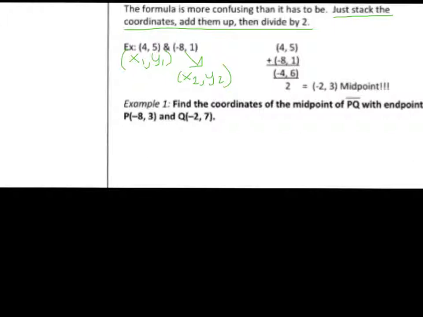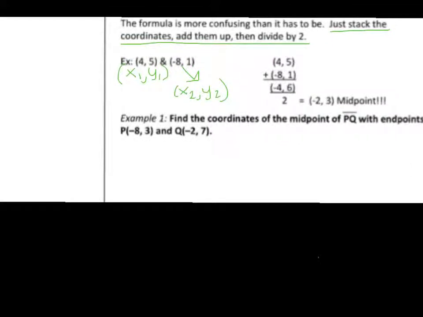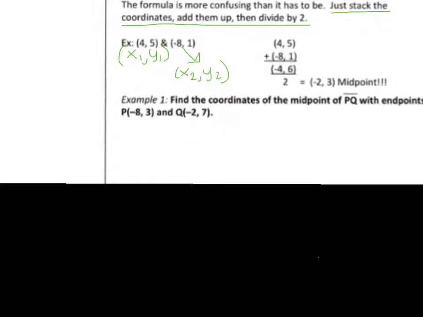So let's try one together. I am going to use (-8, 3) as my first endpoint. I'm just going to write that as an ordered pair. So I have -8, comma 3. And then I'm going to use -2, comma 7 as my second endpoint. And I'm just going to add those together.